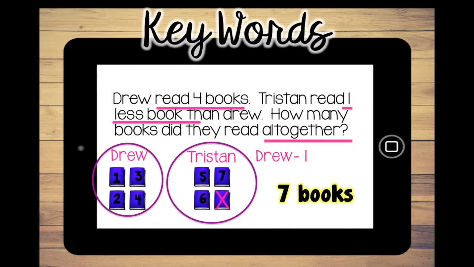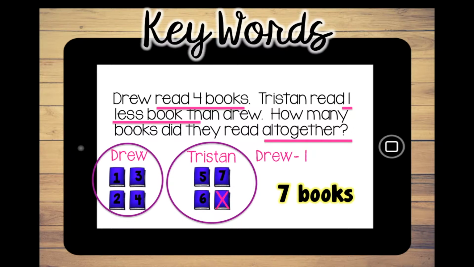We get 7 books. That was a 2-step word problem. First, we had to find Tristan's books. Tristan's books were 1 less than Drew's. So we took Drew's books, which was 4, minus 1, and we got 3. So Tristan read 3 books. Then we added Drew's books plus Tristan's books to get 7 books.